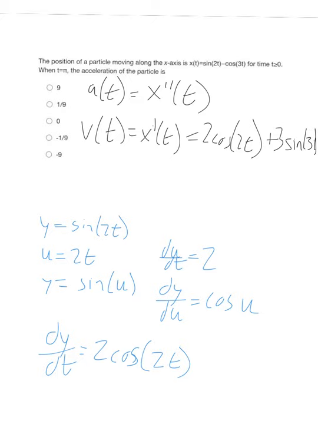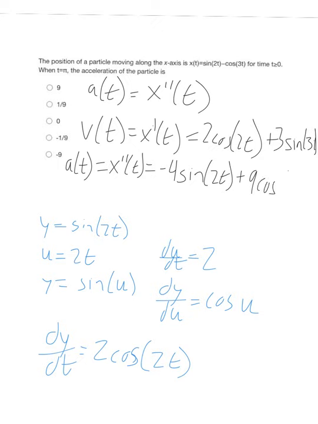I need the acceleration. So a of t is going to equal x double prime, which is going to be negative 4 sine of t, or sorry, sine of 2t, plus 9 cosine of 3t.